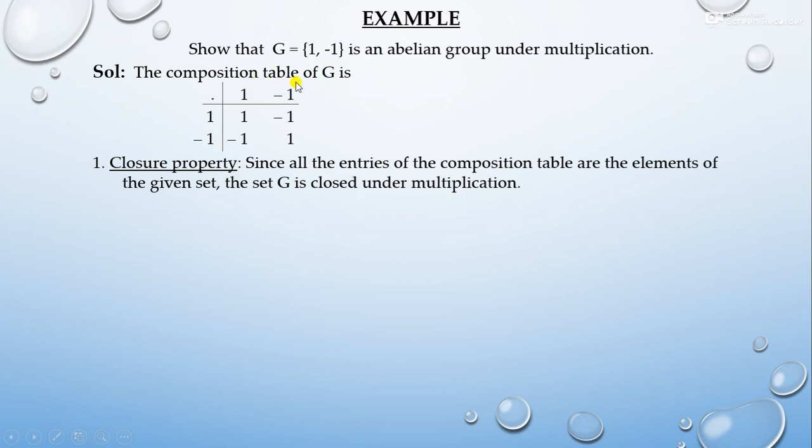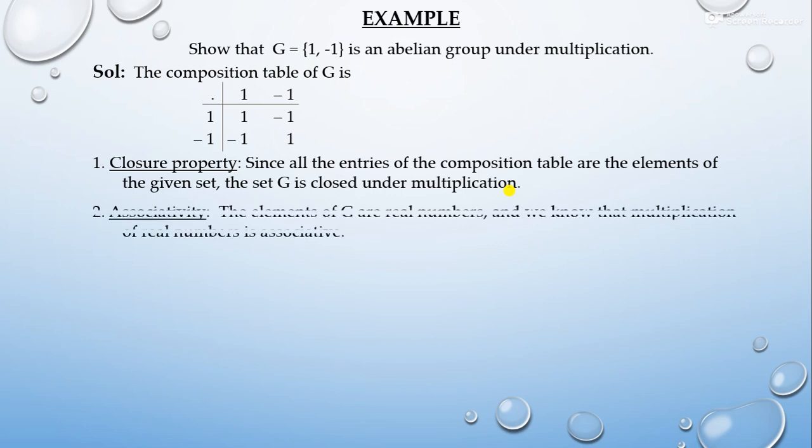If you have the composition table, how do you show that it holds? If all entries of the composition table are elements of the set, then it holds the closure property. Our elements are 1 and -1, and in our composition table both 1 and -1 appear. So all entries of the composition table are elements of the given set, and we can say that G is closed under multiplication. So it is clear how to show the closure property.